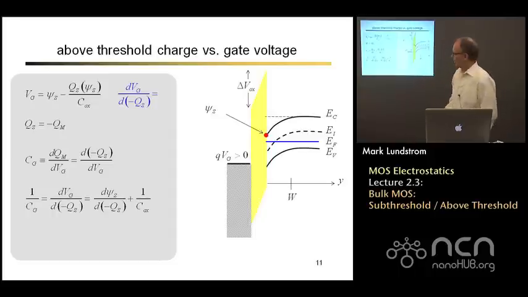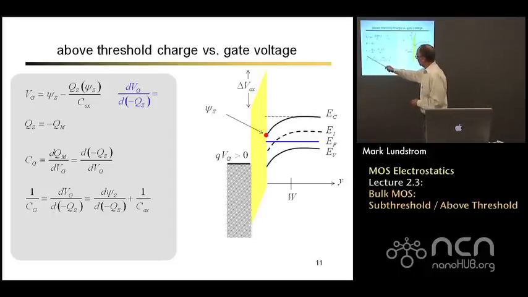So if you do that derivative, what you'll find is that 1 over the gate capacitance is just this derivative of the gate voltage with respect to the charge on the metal, which is minus the charge on the semiconductor. So if I differentiate surface potential, I get the derivative of surface potential with respect to charge in the semiconductor.